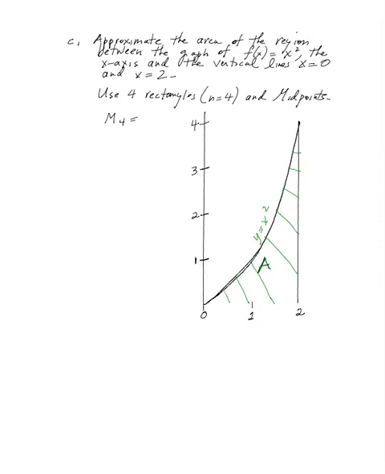Okay, so the first step is always to partition your interval, and that's 0, 2. In other words, our vertical lines are x equals 0 and x equals 2, so our interval is 0, 2. I want to partition that into 4 equal parts, just like we've done in the previous 2 parts, A and B. So my increments are going to be 1/2, 1, 3/2.